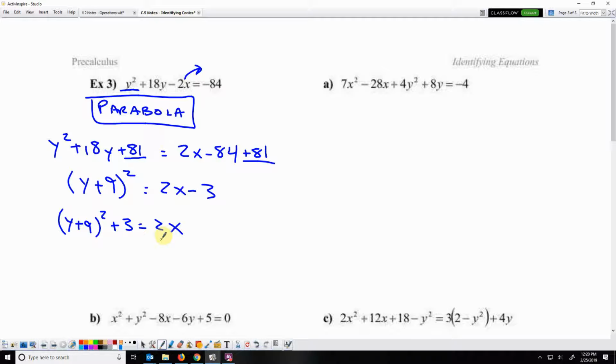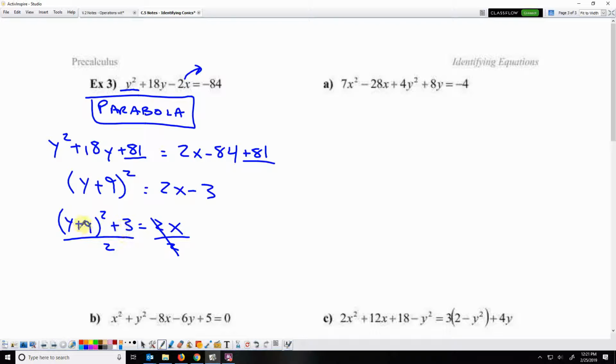I can divide both sides by 2, which is the same as multiplying by 1/2. In a parabola, I actually want that coefficient to be out here, but I'll show dividing everything by 2 first. So I get x equals y plus 9 squared plus 3 over 2.